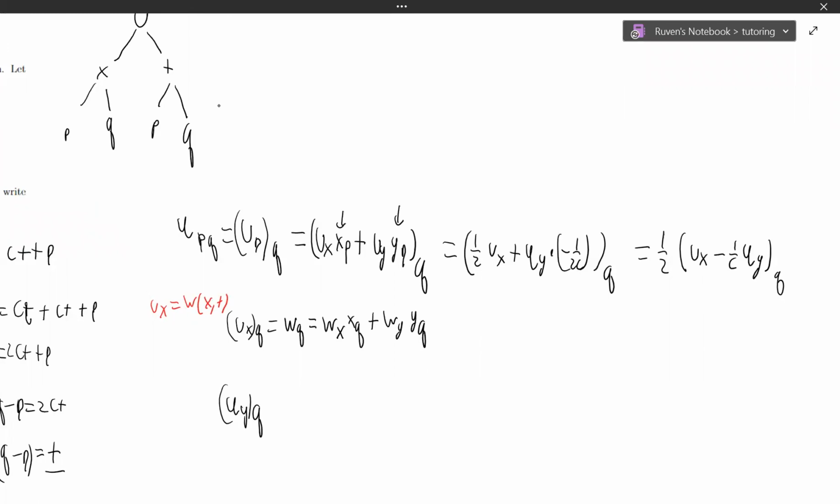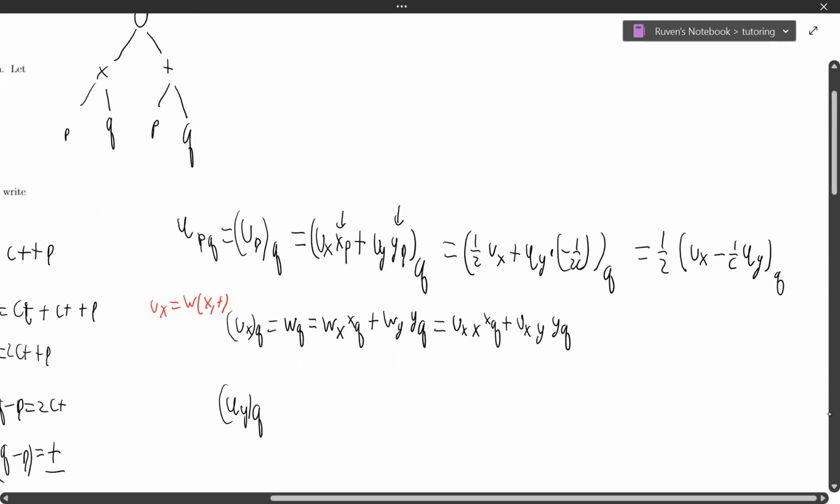And now we need to replace w with what it is, which is u of x. So this is equal to uxx xq plus uxt tq. There you go.